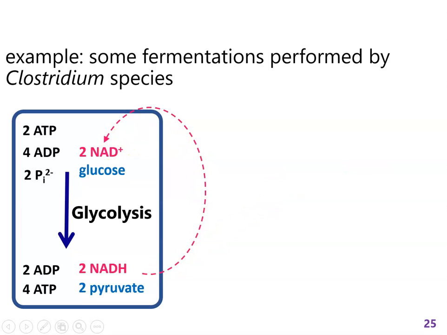Okay, so the real specialists in fermentation are bacteria from the genus Clostridium. This should be familiar to you because this genus makes endospores, and many members of this genus are really dangerous. They make toxins that kill us, or they cause gangrene, which kills us very quickly and makes us rot while we're alive.